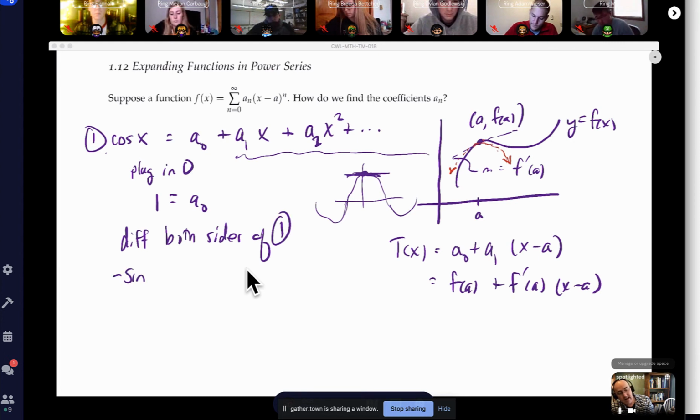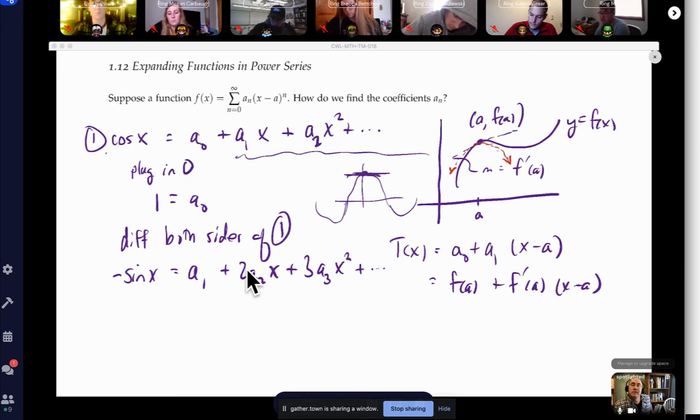So now I have minus sine x equals a1 plus 2a2x plus 3a3x squared, and so on. So again, plug in at x equals 0.